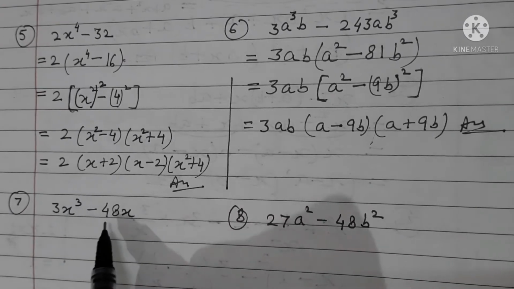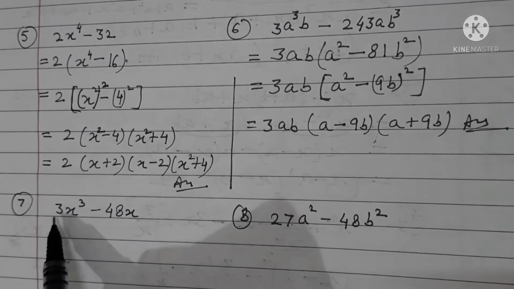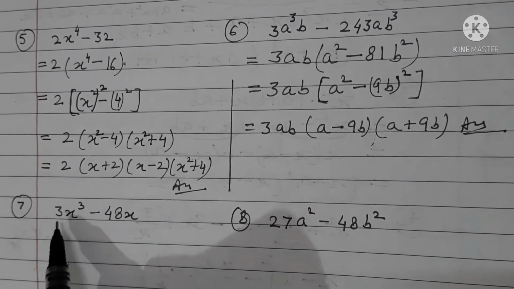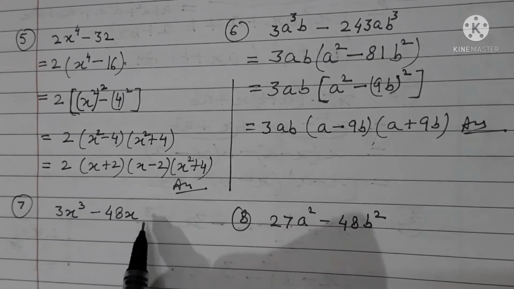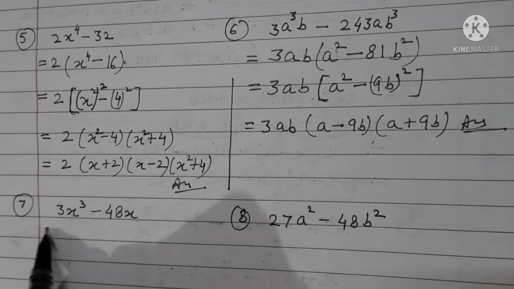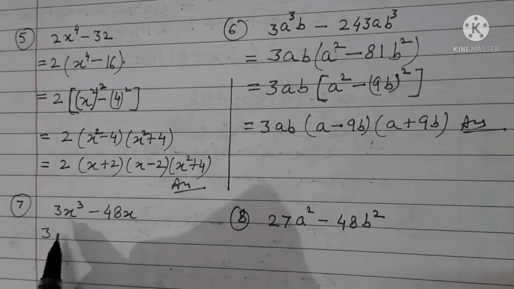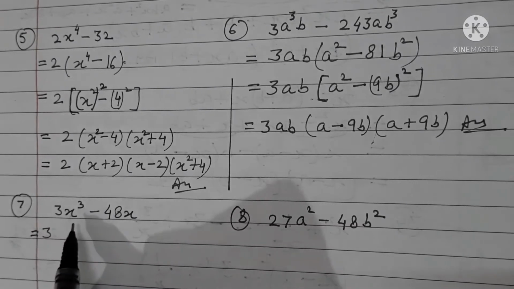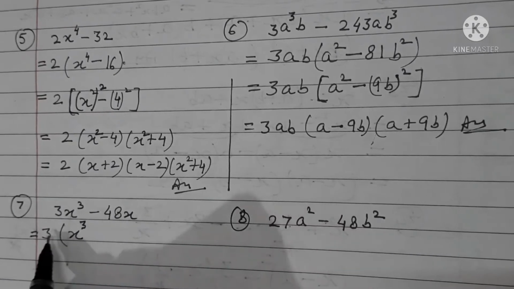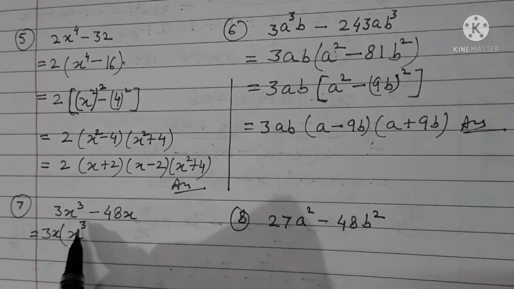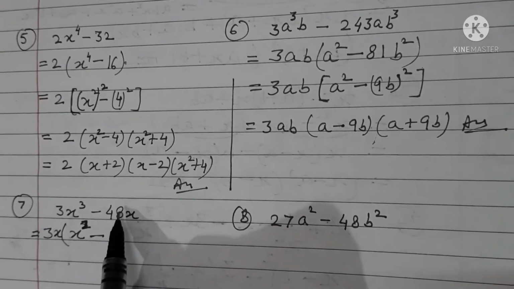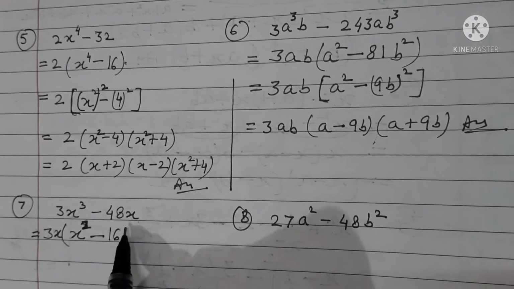Question number 7, 3x cube minus 48x. The first step should be taking the common factor in each term. So here 3 will divide 48. So you can take 3 as a common factor from these two terms. So this will be equal to 3 common, x cube, also x common, here x cube gives x square in the bracket, minus 3 ones are 3, 3 sixes are 18, 16 only.